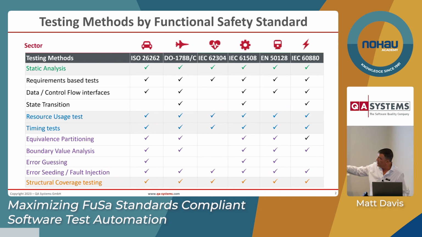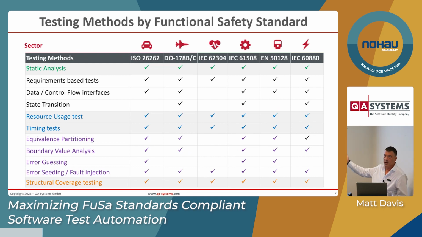Methodologies. Testing methods mirror the colors that I used on the previous slide. Static analysis is recommended by all of them, as are requirements-based testing, the various other types of testing for things like ISO 26262 for the automotive, those blue ones you can see, resource usage tests and timing tests, sometimes called different things in different standards, but that's the same thing.